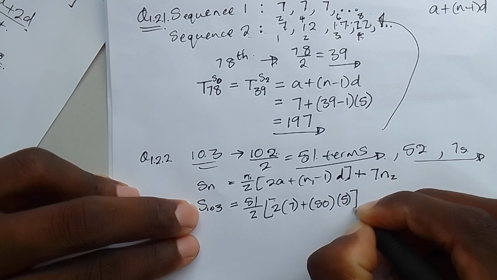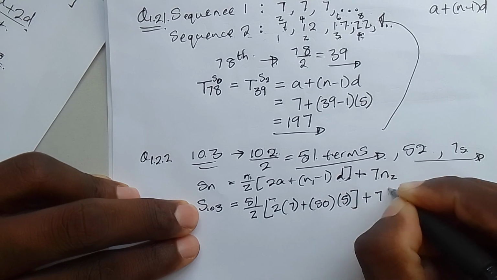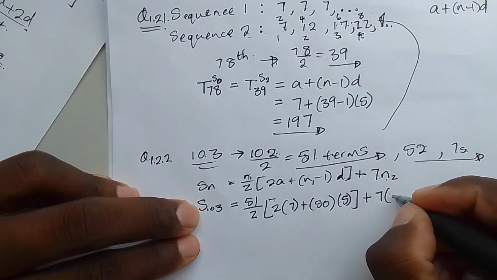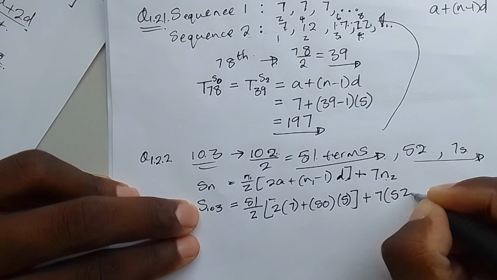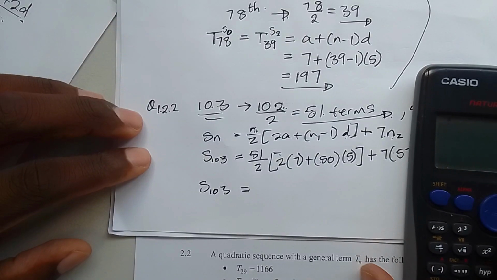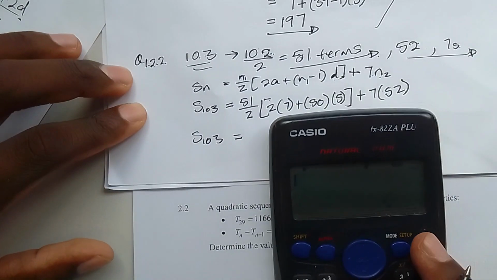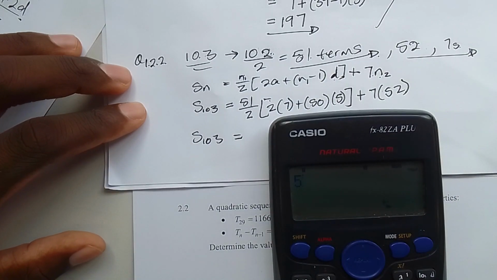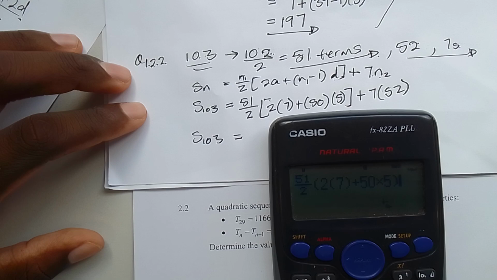It's the difference, plus 7 into n2, which is 52. Sum to 103 terms is equal to 51 divided by 2 into 2 into 7 plus 50 times 5.